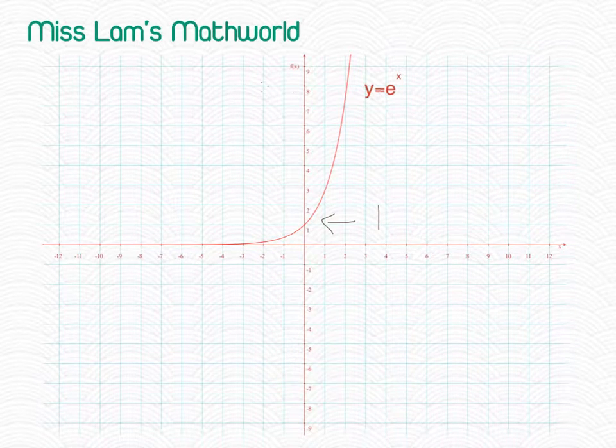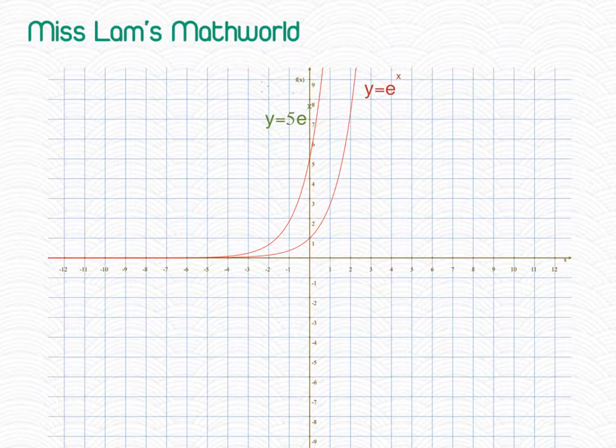How about if we change it a little bit? For example, let's have a look at the graph of y equals 5 times e to the power x. What will happen? Right now we can see the graph of y equals 5 times e to the power x.